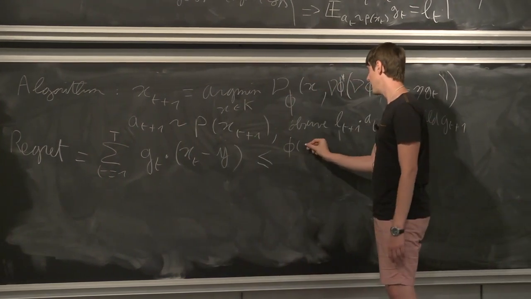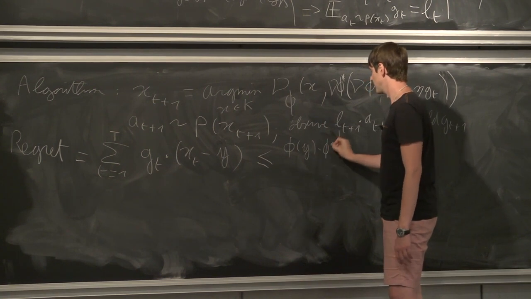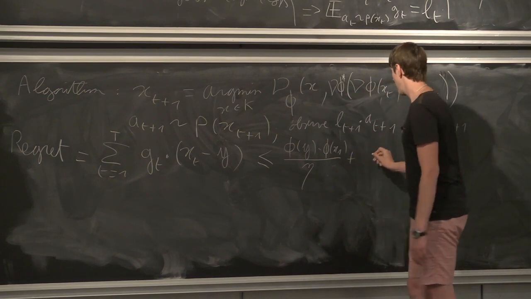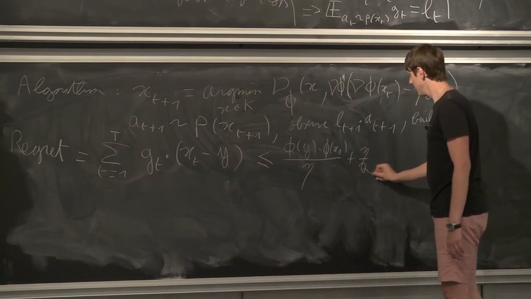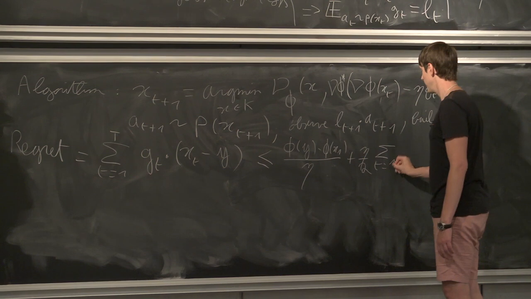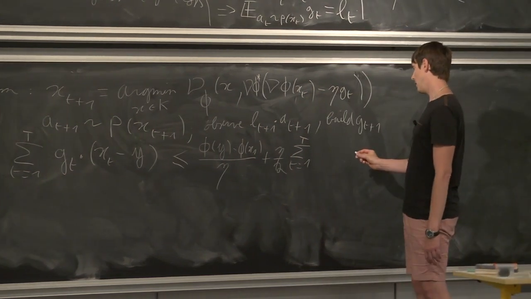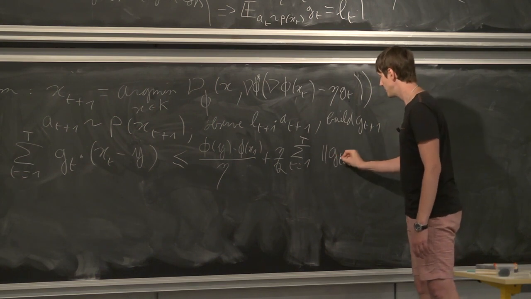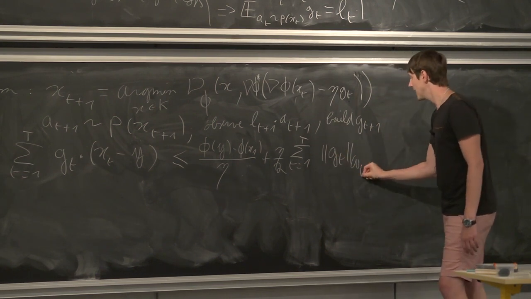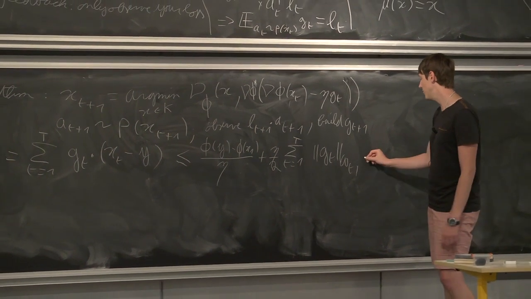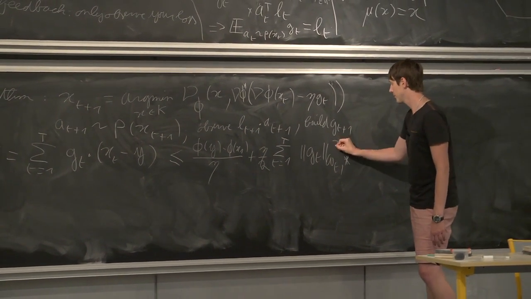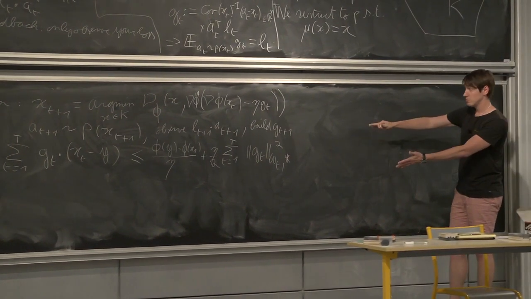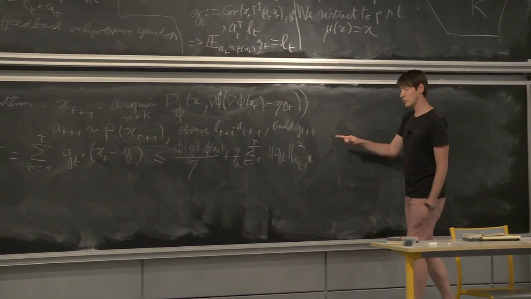This is bounded by phi of y minus phi of x_1, the range of the mirror map, divided by eta, plus eta over 2, the sum for t equals 1 to capital T of the dual norm of g_t at some omega_t, which is close to x_t hopefully, dual squared. That's just true. And that's what we proved yesterday.